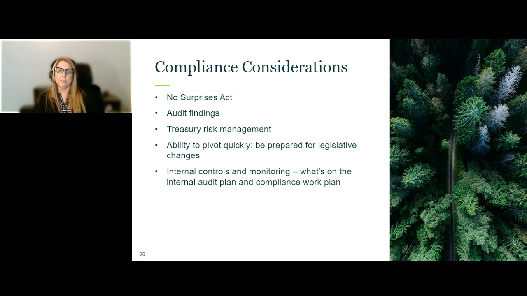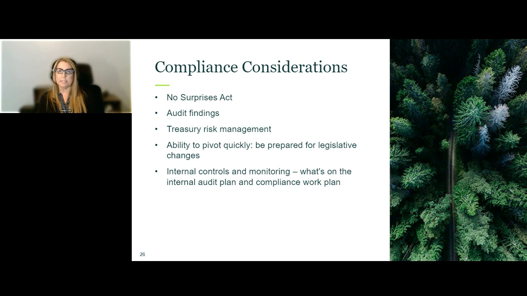And thinking about the ability to pivot quickly, there's a couple of things that come to mind. As we've talked through, there are many elements that are ending with the PHE at some point, either on May 11th or sometime this year or in 2024. And there's a lot of potential legislation in play.